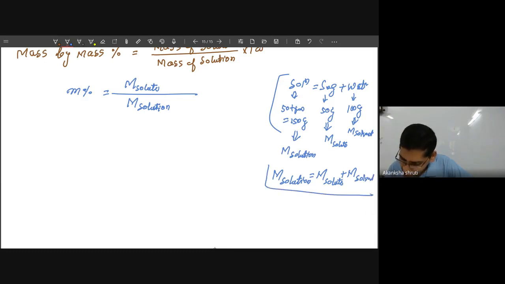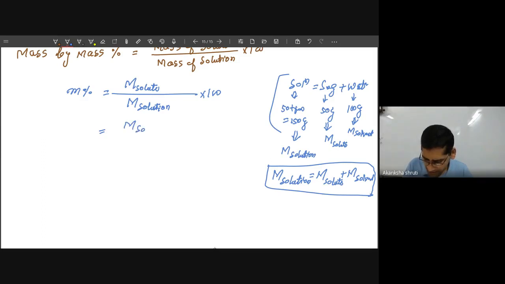Means this mass of solution is the addition of the mass of the two. Therefore, this formula can be modified as mass of solute divided by mass of solute plus mass of solvent, which will give us the mass of this solution.